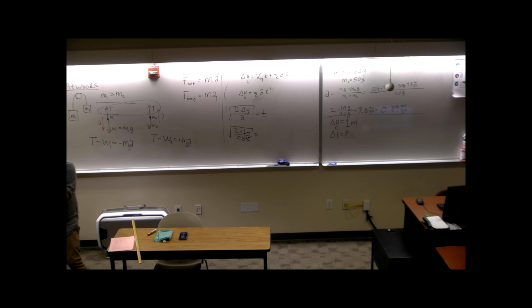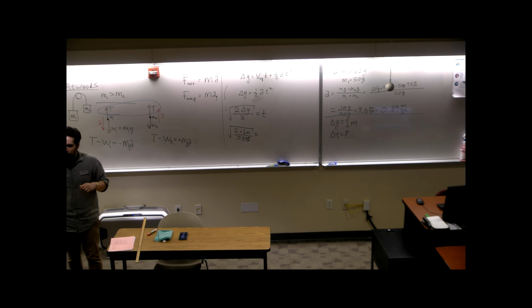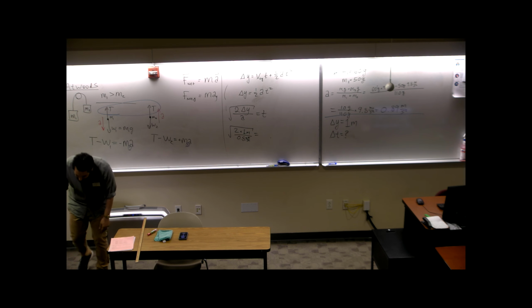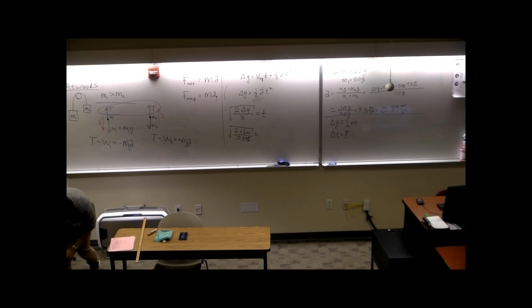Let's try this again. Let's get our stopwatches at the ready. We'll give this another shot. All right. We reset our stopwatches. We get ready. 3, 2, 1, go. Third time's the charm, and if it doesn't work, then, I don't know, give up and go home early.